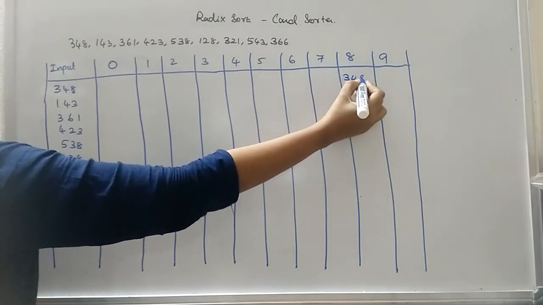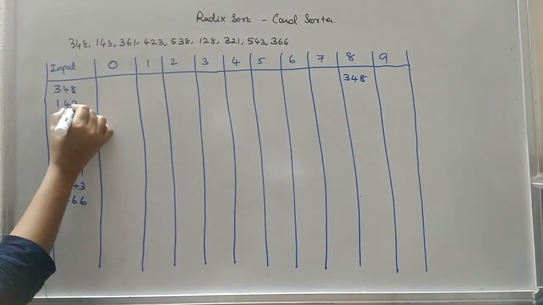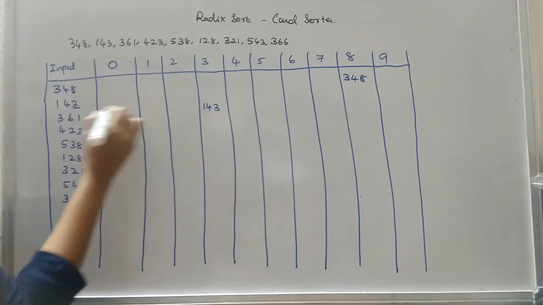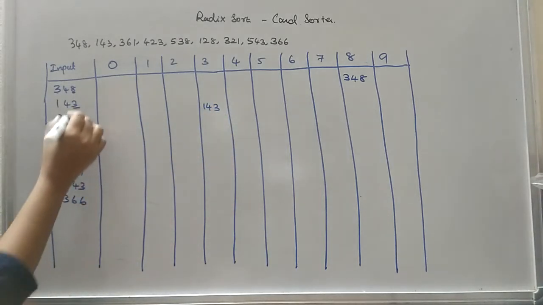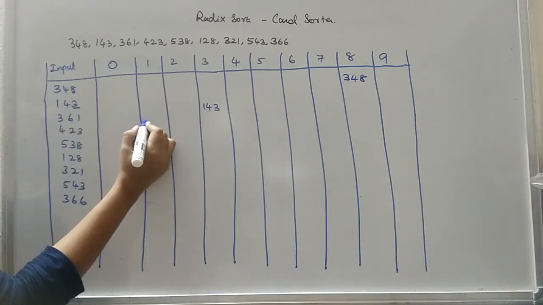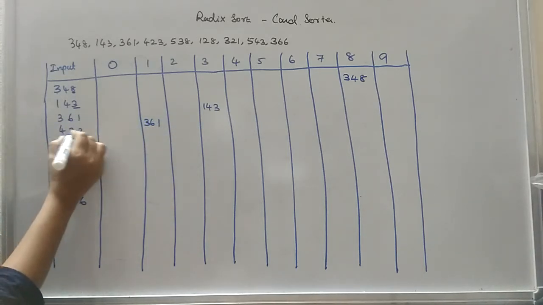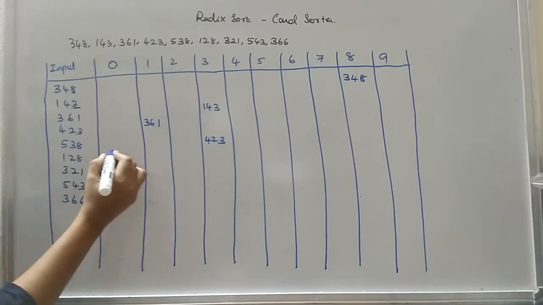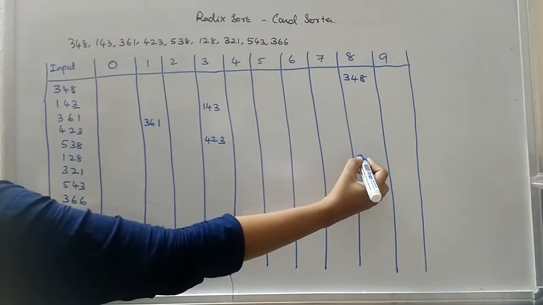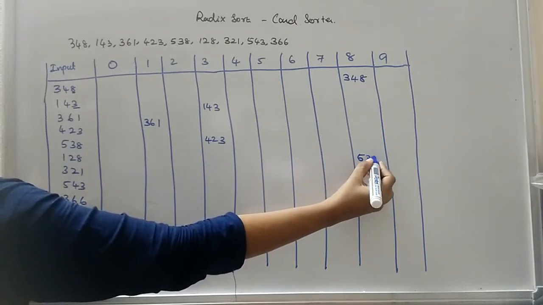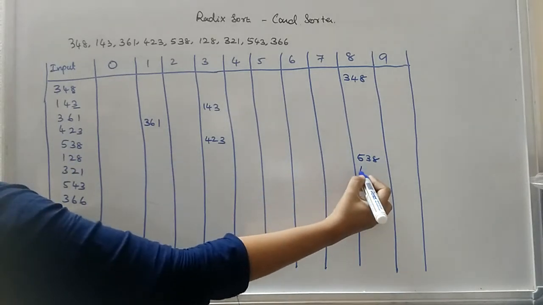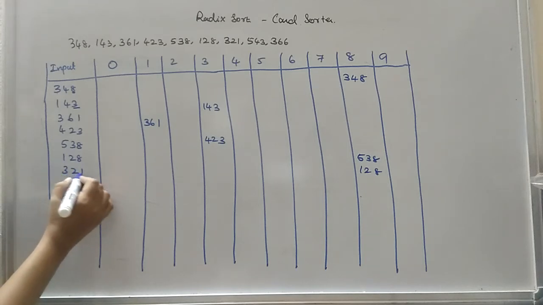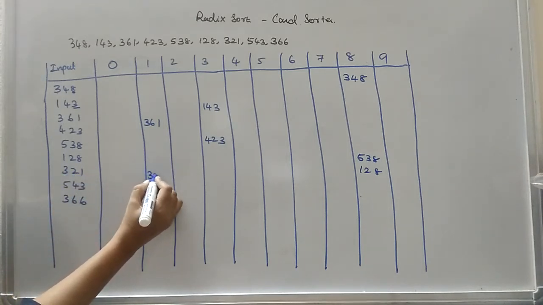So here you write 348, and then 143 you have to put here, since the least significant bit is 3, and 361 you write here, and 423 write here, and 538 you write here, and then 128 again in the same way, and then 321 you write here.